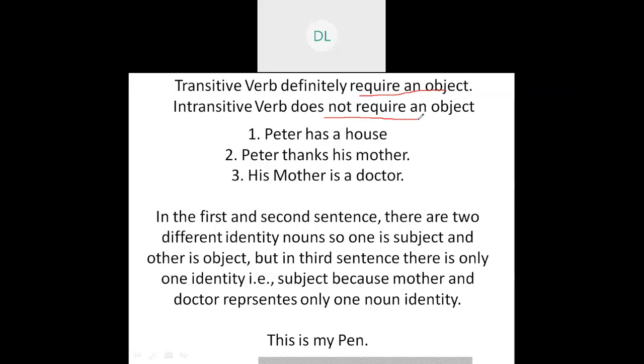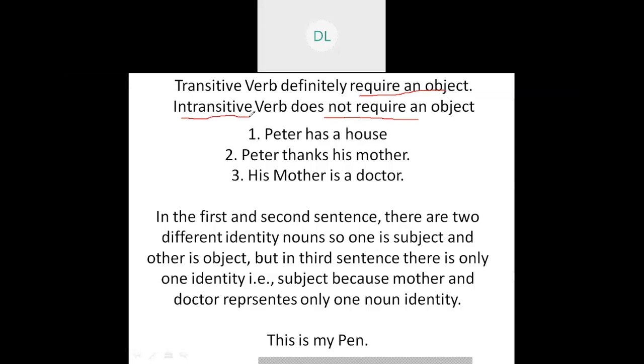They order the snacks. So there is continuity in the sentence, and it has a meaning because transitive verbs definitely require an object. But on the other side, an intransitive verb does not require an object. For example, Peter sleeps.